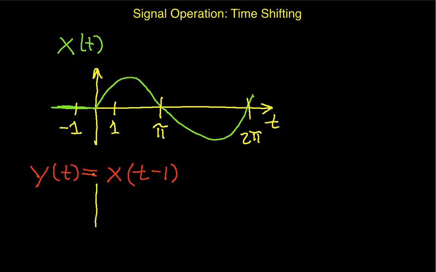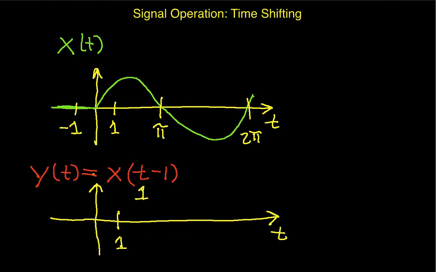Let's draw a second set of axes here. And let's see what happens if we start plugging in different values of t and figuring out what y is for those different values of t. So 1 seems like a good one to start with. When t is equal to 1, I put in 1 for t. I then have minus 1 because that's what I'm doing here.